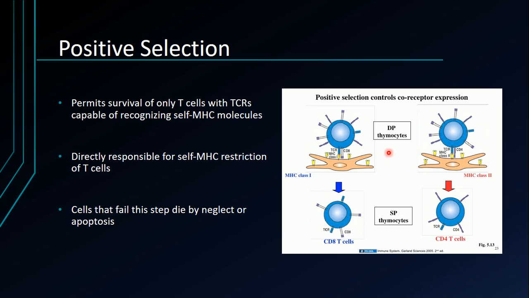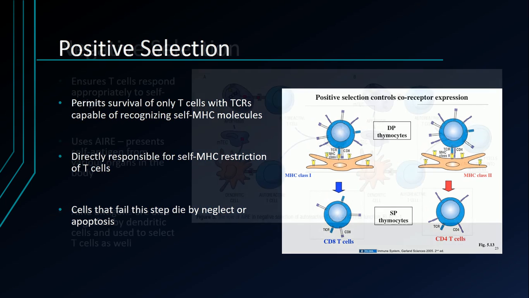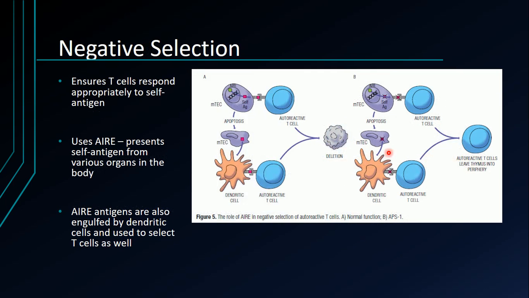Okay? So let's look at negative selection now, because that's what comes after positive selection. In negative selection, T cells are going to be exposed to self-antigen. An antigen is just a protein from around the body, any protein, it's random.